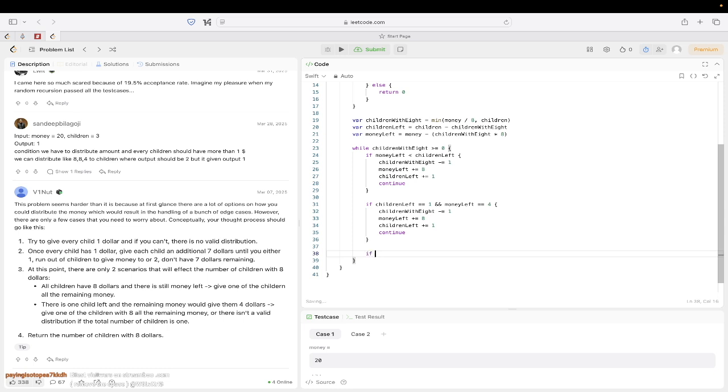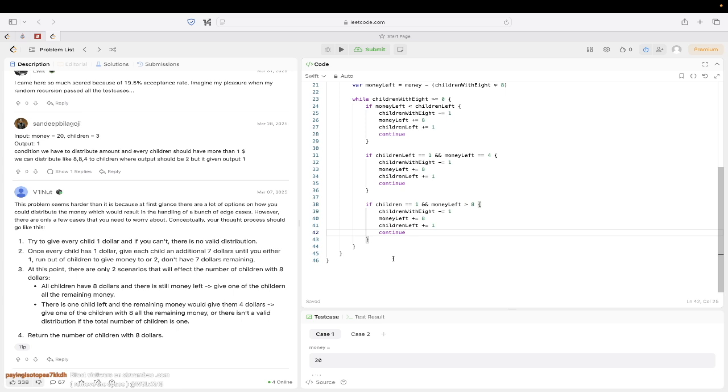If the children left is 1 and the money left is greater than 8, we need to do all of this again. Alright, so we have if there's not enough money for the children, if the money is exactly 4 if there's 1, and if there's more than 8 for 1.